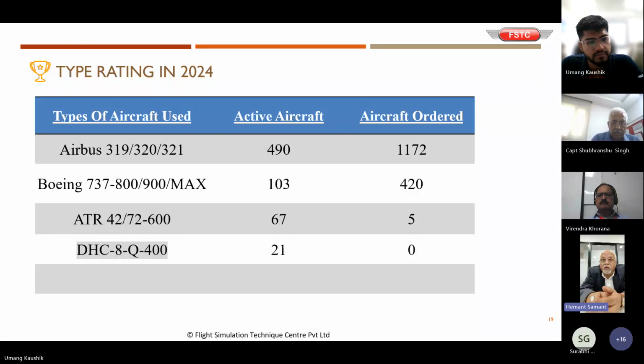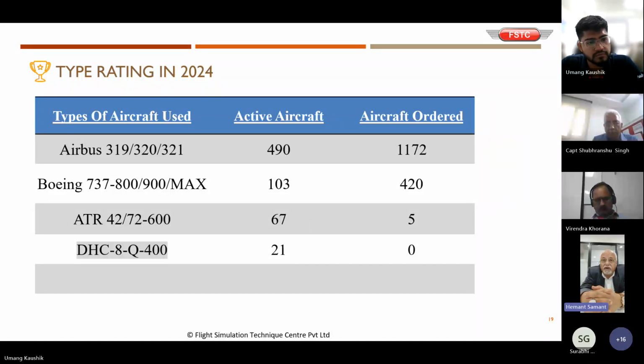But when you see overall the number of aeroplanes on order and number of aeroplanes available, and also the impact of the new flight duty time limitation civil aviation regulation, you will see pilots are going to be extremely in short supply for the airlines that want to retain their schedules and fly the aeroplanes.